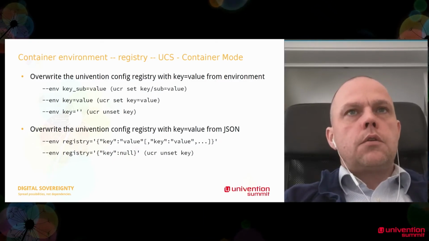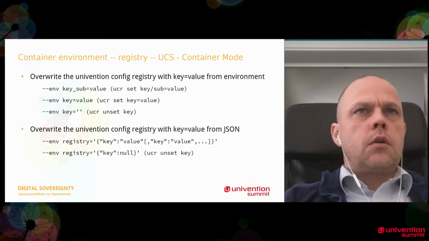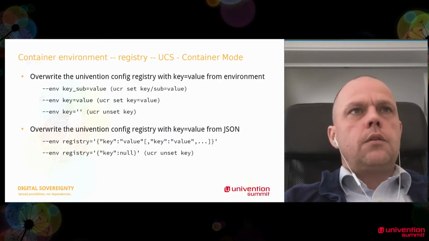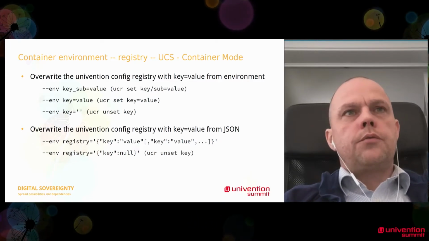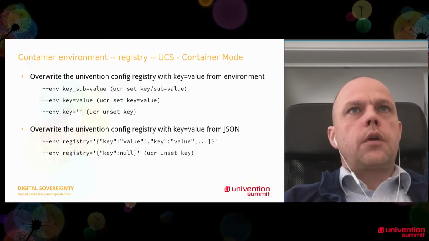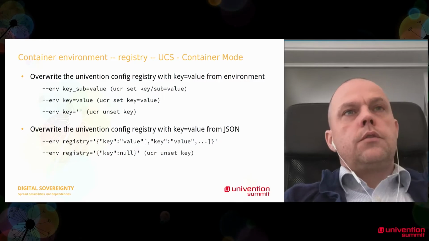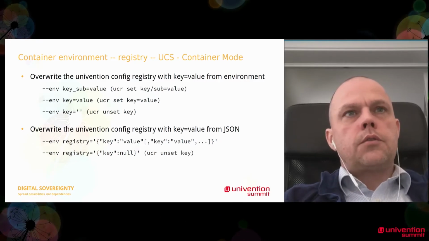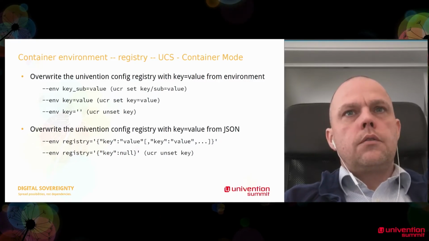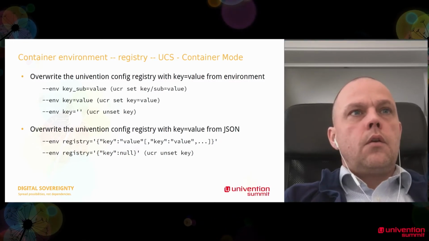So if our key is sub-value, it will be converted into a slash, and that already covers a large number of config registry issues. If the key is empty, the key is reset to UCR set key.